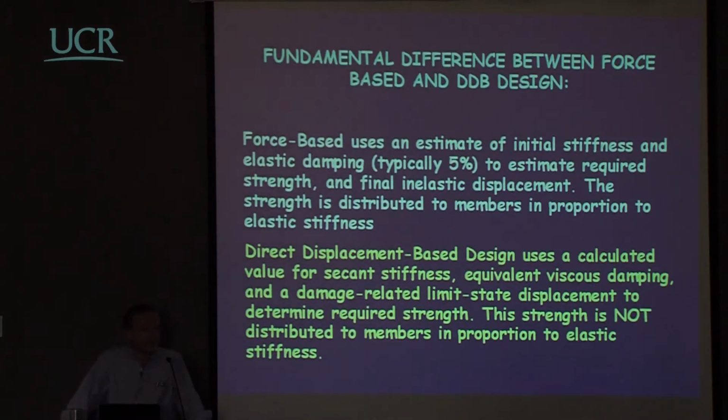The second point is that after having entered the acceleration spectrum and having then read an acceleration and multiplied this acceleration by a mass, and possibly having reduced it by a force reduction factor, there is the second problem: how to distribute this total base shear between the elements that can contribute to that.